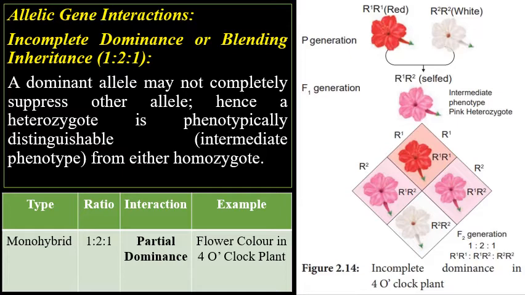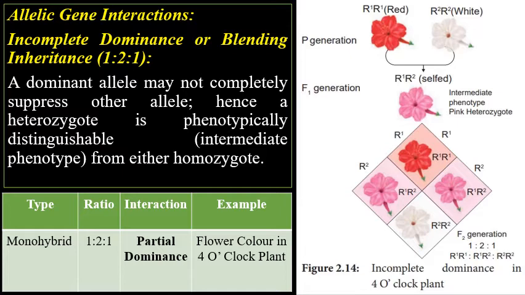In this picture, in the cross between a red flowered four o'clock plant and a white flowered four o'clock plant, the F1 generation shows pink colored flowers. The allelic interaction shows an intermediate phenotype, because one allele cannot completely suppress the other allele.